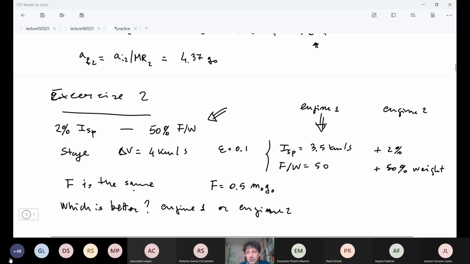So this is, of course, thrust-to-weight. So it will be less thrust-to-weight if we increase the weight by 50%.